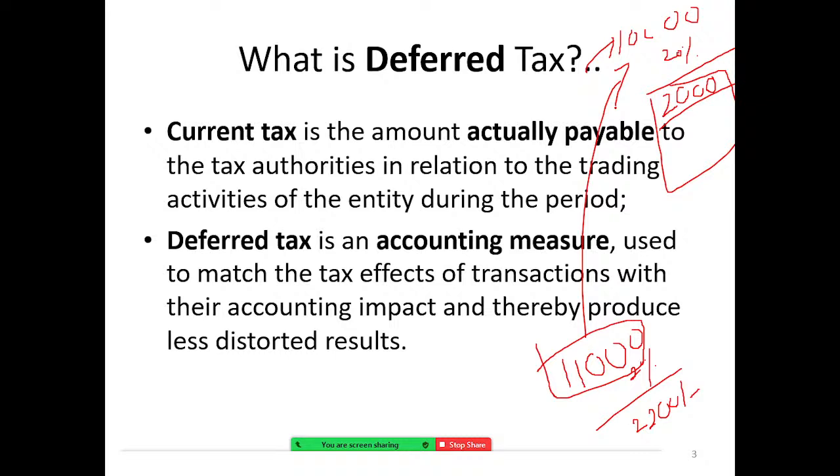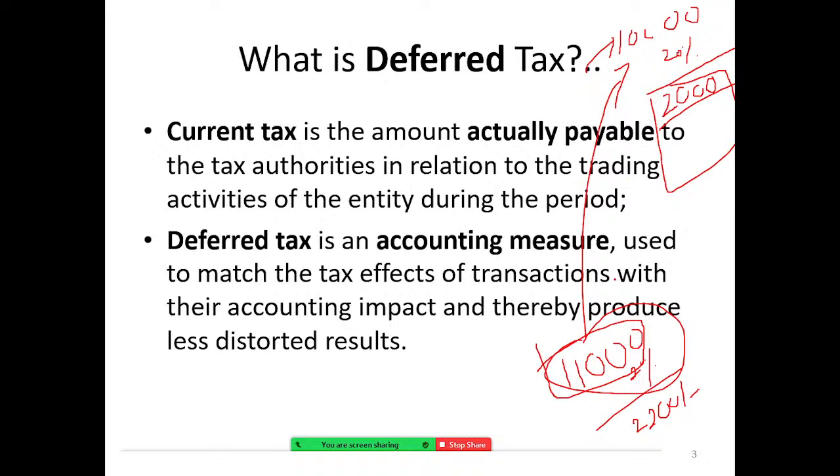But the accounting depreciation may differ, say 5% or 25% or 30% or whatsoever. It's based on the policy of the company. So due to the differences, the accounting profit and the taxable profit may differ.